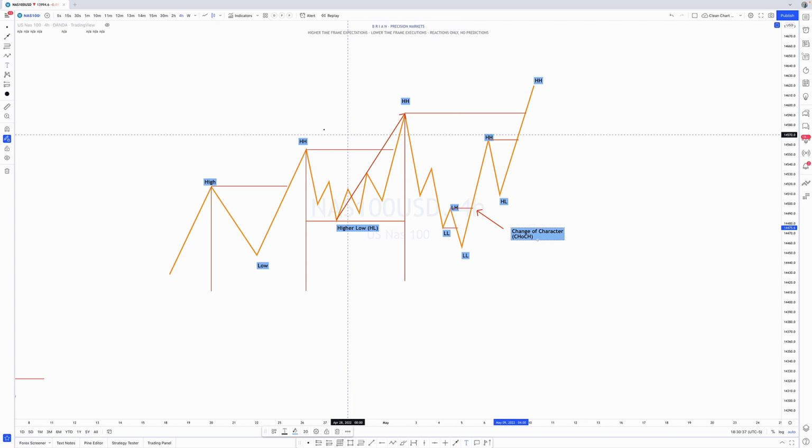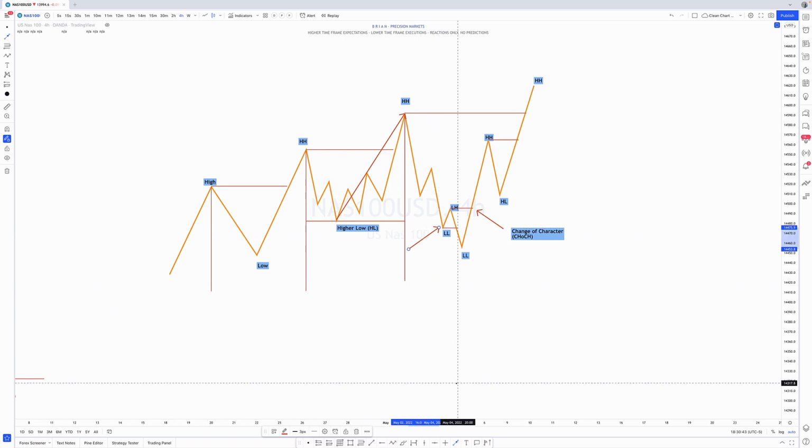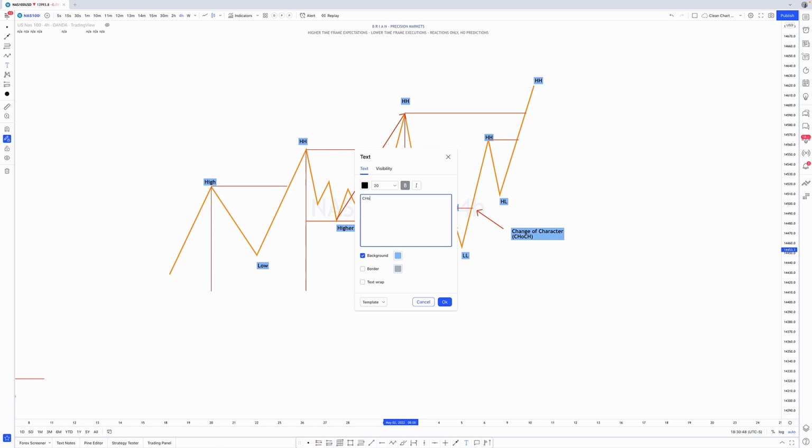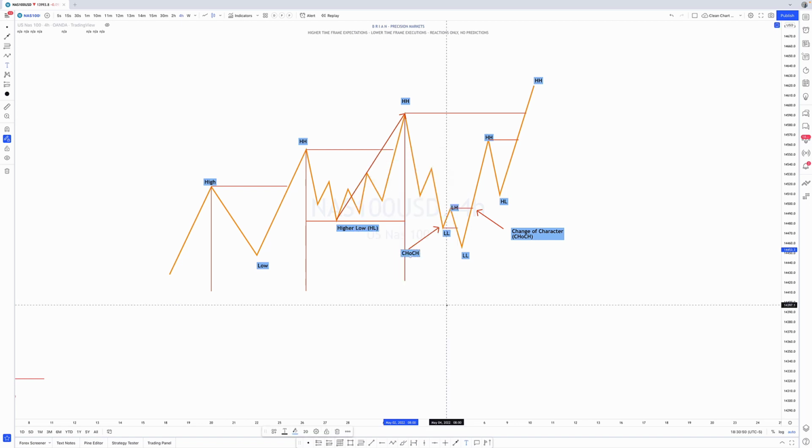We also had a change of character when this higher low was broken by the lower low. So here we also had a change of character. So this is how we understand the changes in market structure.